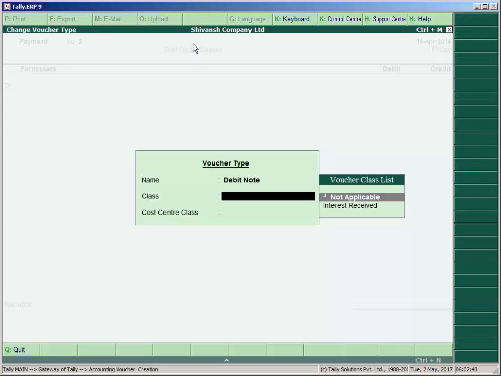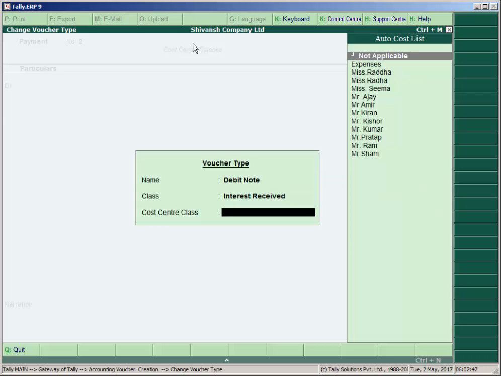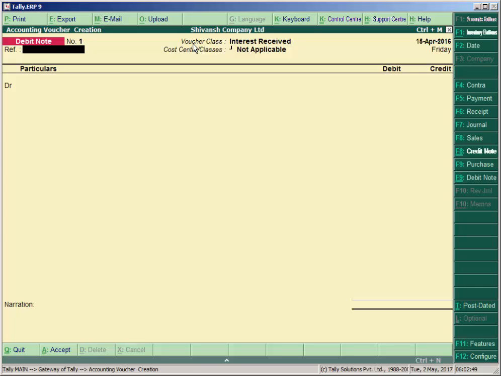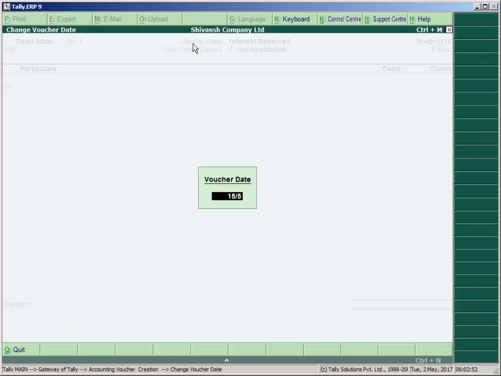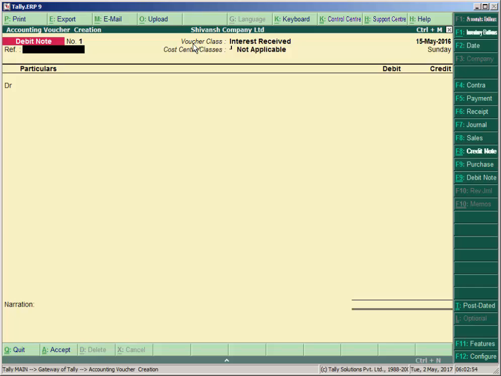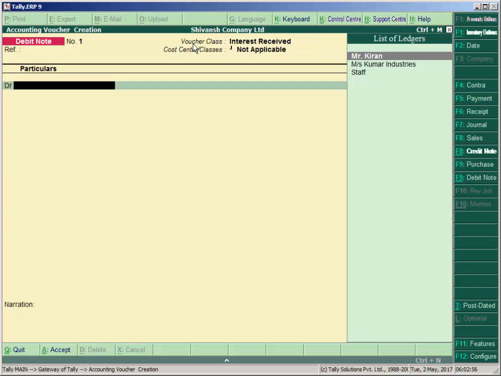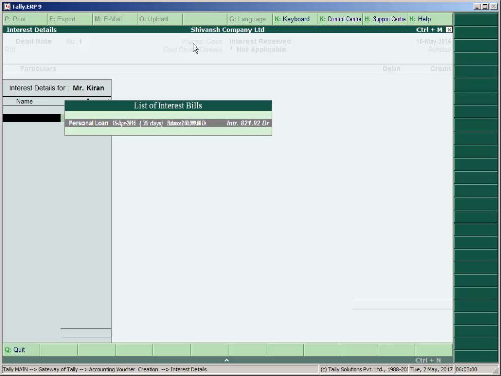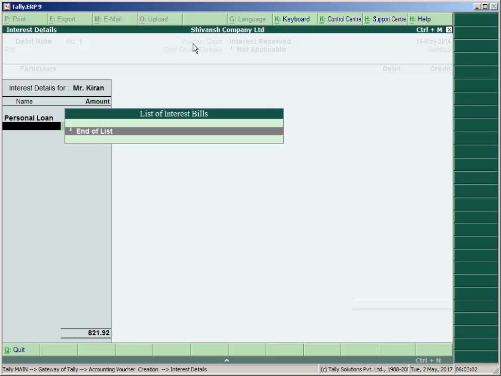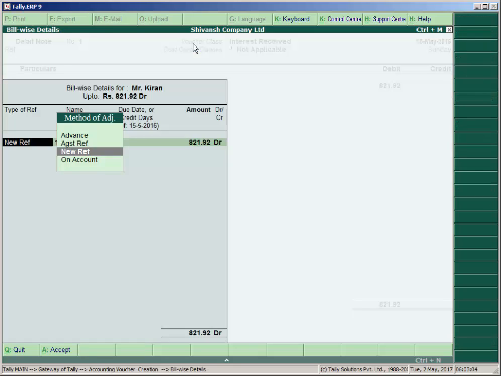So select the class interest received, enter the date 15th May. The interest is charged on 15th May. So select Kiran and the amount is displayed here automatically. Select the type of reference against personal loan, interest charge on loan.